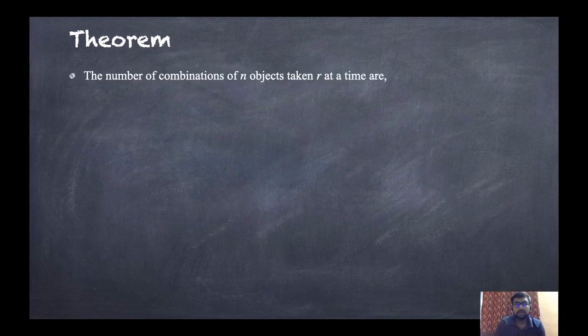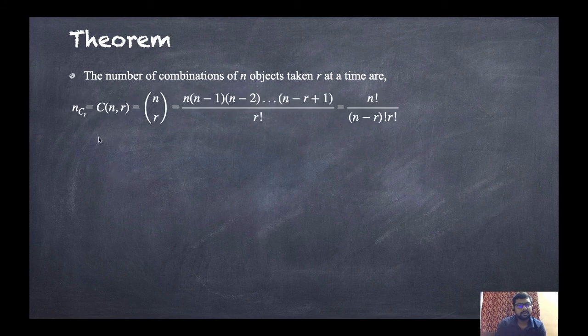Theorem: the number of combinations of n objects taken r at a time. This is the notation nCr. In permutation it was nPr, so here nCr, that means n choose r.